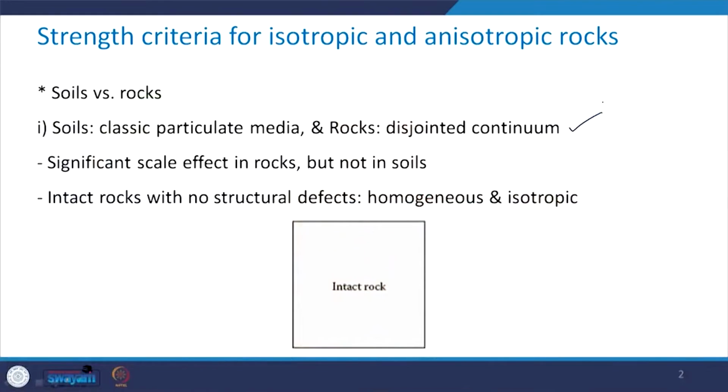In case of the intact rocks which have no structural defects, it can be considered as homogeneous and isotropic, as has been shown in this figure. There are no discontinuities and therefore, this can be considered as homogeneous and isotropic.